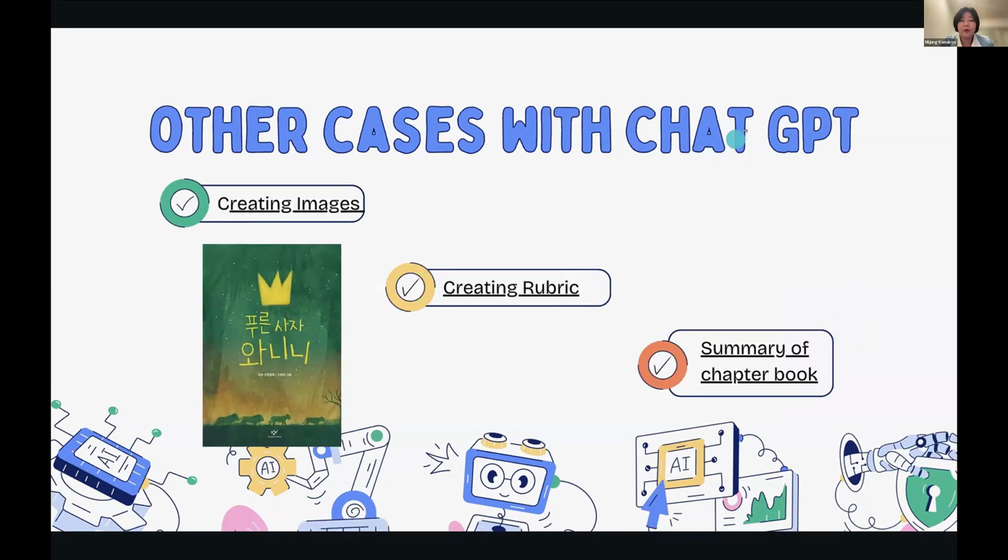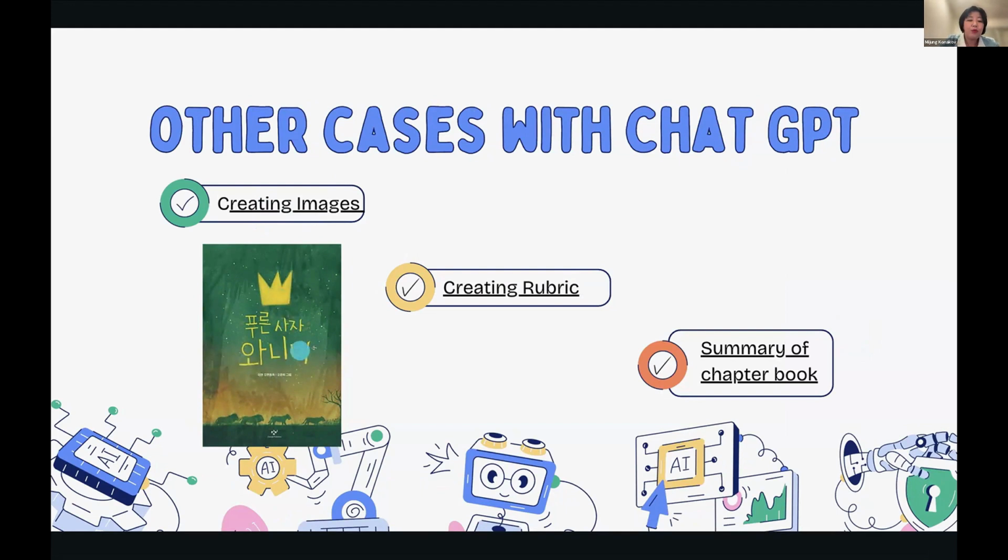And another case with ChatGPT, where I asked it to create images. These are Korean 7-8 grade Korean honors class students, so it's not about the novice level. These students have already achieved an advanced level of Korean ability as a foreign language.